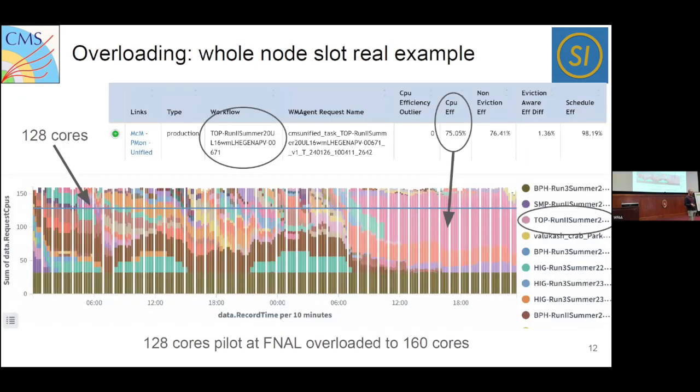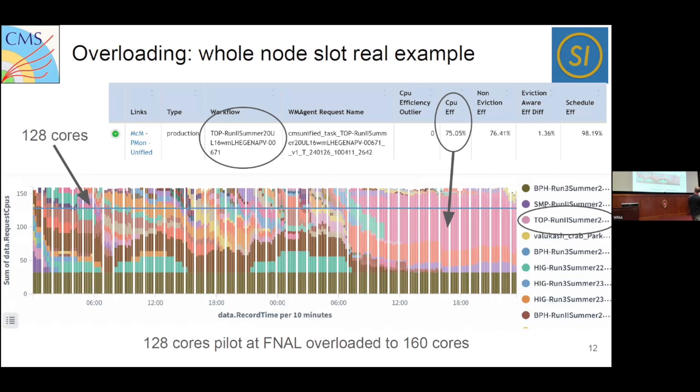This is an example of a whole node slot. It's a pilot at Fermilab that was running for 2 days. The machine has 128 cores, but we overloaded it to 160 cores. You can see here this pink one is a workflow that was 75% efficient.